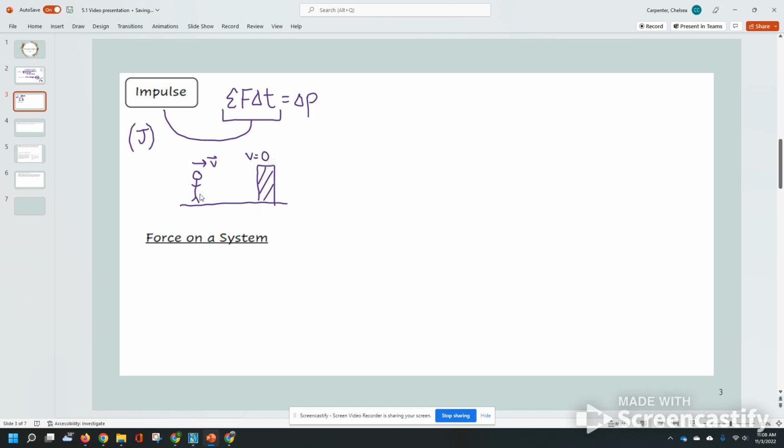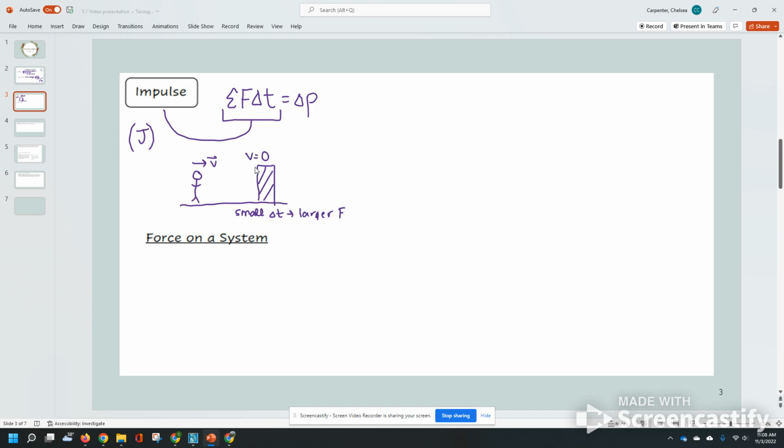Okay? So imagine running into a brick wall. You're going to stop pretty quickly. That's going to have a really, really small change in time. So small change in time, you're going to end up with a larger force if we have the same change in momentum. So running at a wall, you go with some momentum, then you stop. You have a change in momentum. If that happens over a small period of time, you're going to have a larger force.